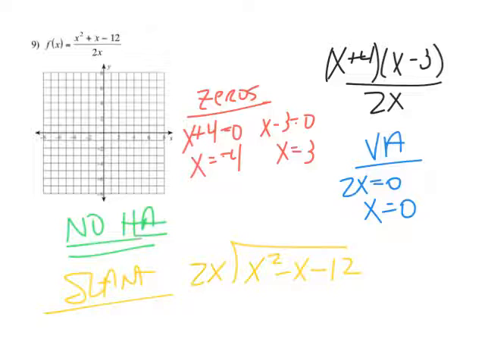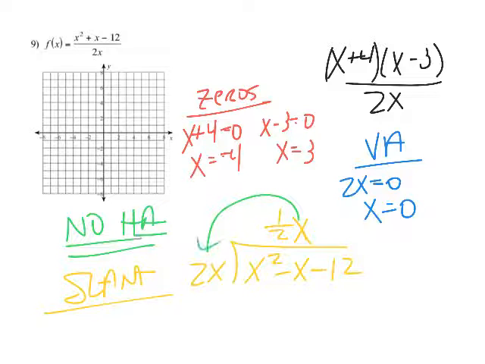But I need x times 2x to be 1x squared, so what I'm going to have to do is stick a 1/2 in front of that. And so when I distribute 1/2 x times 2x, 1/2 times 2 is 1, and x times x is x squared.